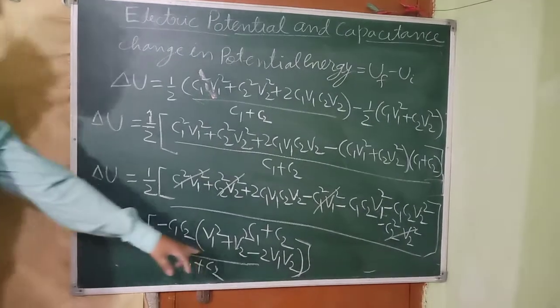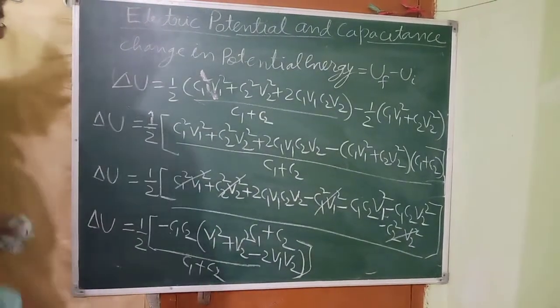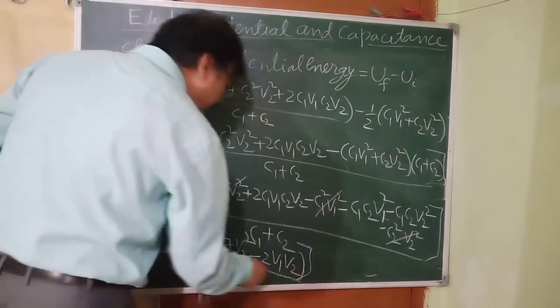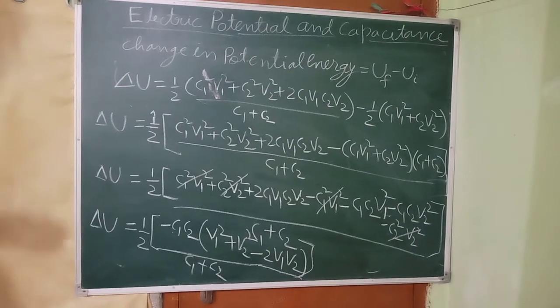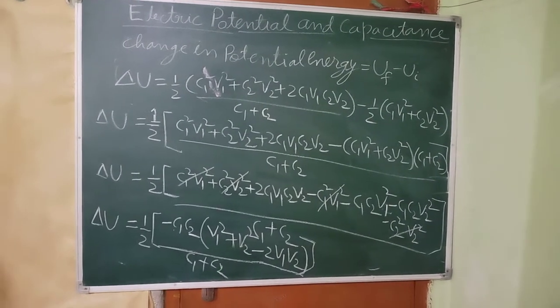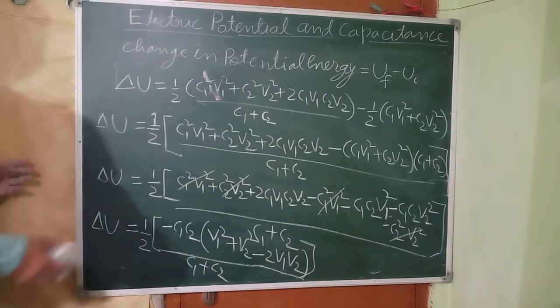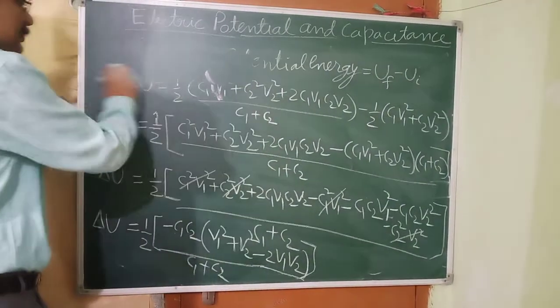Now tell me, this is falling under a certain pattern. Is it falling in some formula? Yes, it is falling in the formula of A square plus B square minus 2AB. Okay. So we can write the formula.